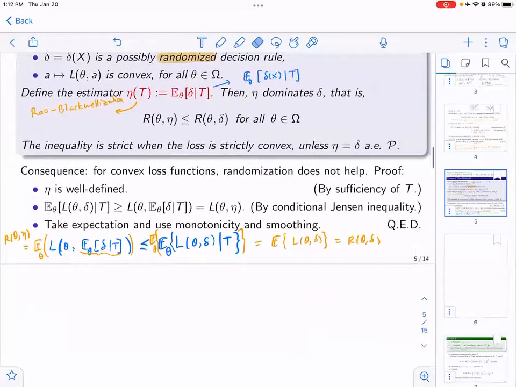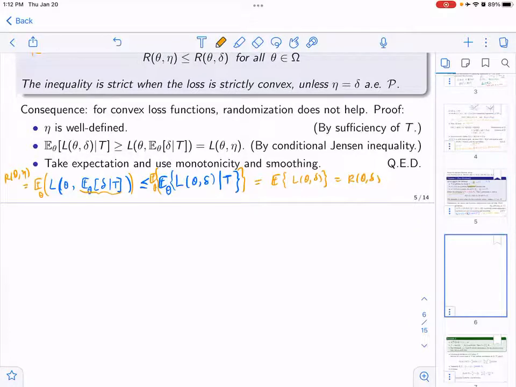So a simple way of saying it is that randomized rules are really a function of x and some u. This is an external source of randomness whose distribution does not depend on theta.